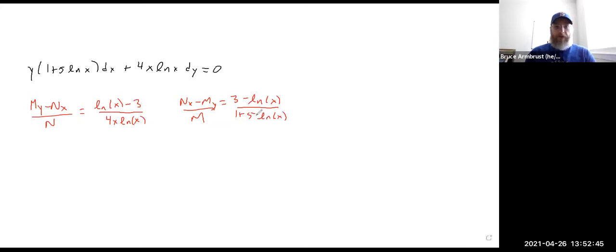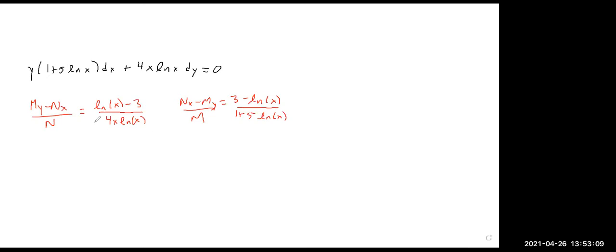You notice that both of those are only in terms of x, which means we're going to be able to use one of them, right? We've got the one that's independent of y. So the question is, which one of these did we need to be independent of y, to be only x's? The first one.